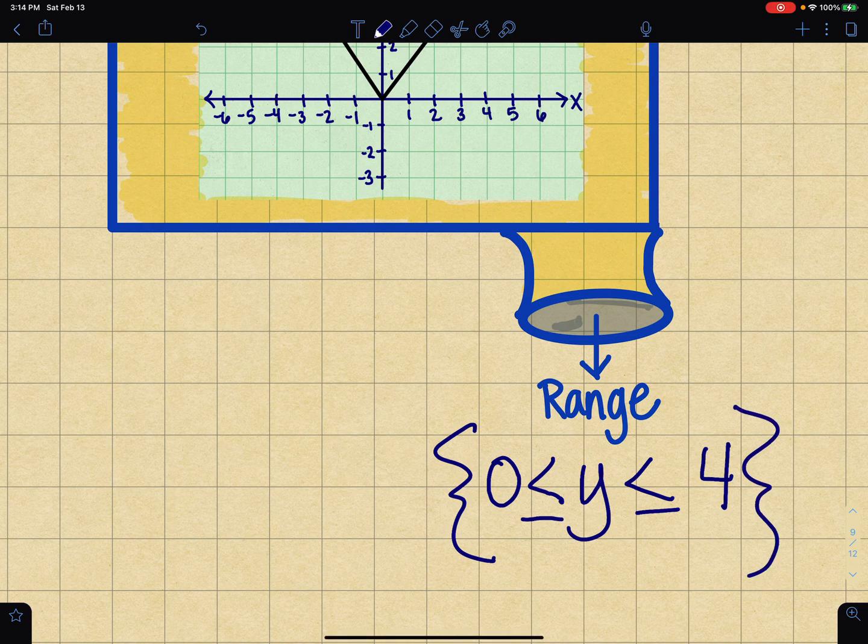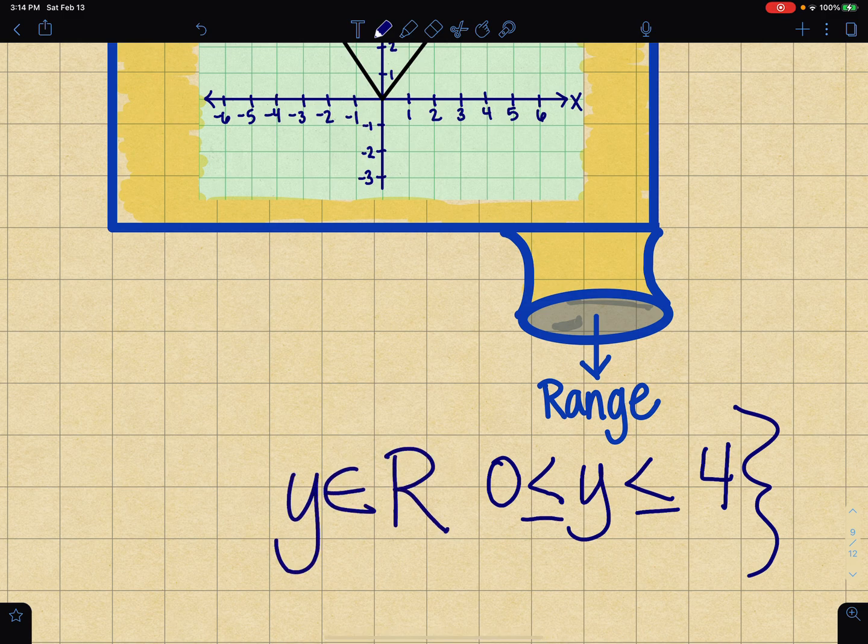And in order to get the problem totally right, you have to be more specific and say the range includes all real numbers between 0 and 4. So that's the more precise way to write that, because it could be like 0.0003. Could it be that? Yes, it could.